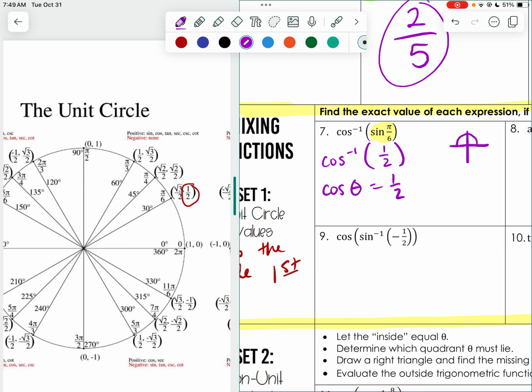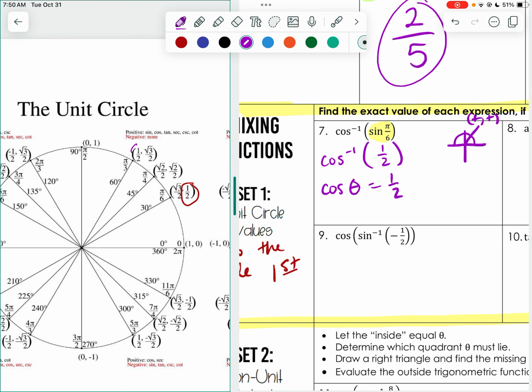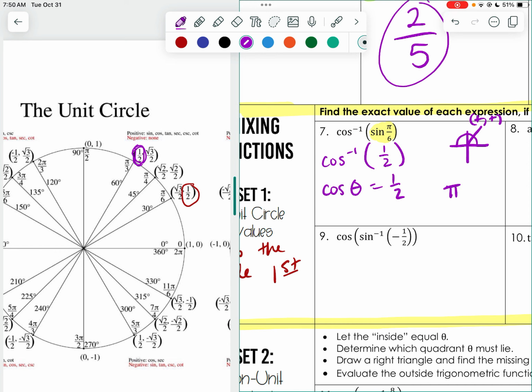So where cosine is positive 1/2, that's an x value, that would have to be somewhere in the first quadrant, right? Because if it was in the second quadrant, the x value would be negative. So where is cosine positive 1/2? Well, it is right here to the left. That is at pi over 3. And that's it. Okay, so do the inside first, and then answer the outside question.